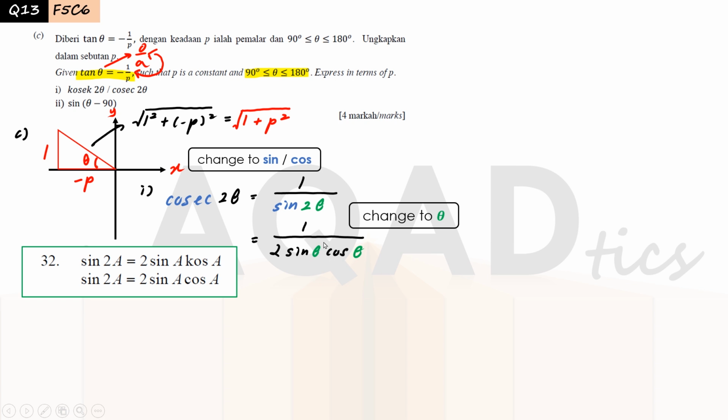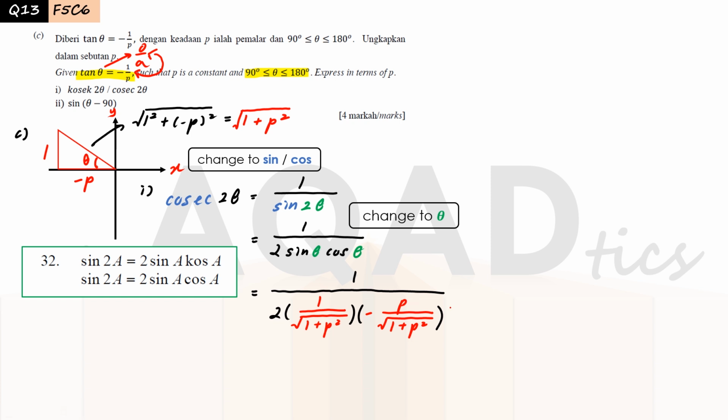Now to find the value of sine theta and cos theta, we can look back at this triangle. Sine theta is opposite divided by hypotenuse, so it's 1 divided by this square root. And cos theta is adjacent, which is negative p, divided by the hypotenuse, which is this square root. Then we just simplify this.